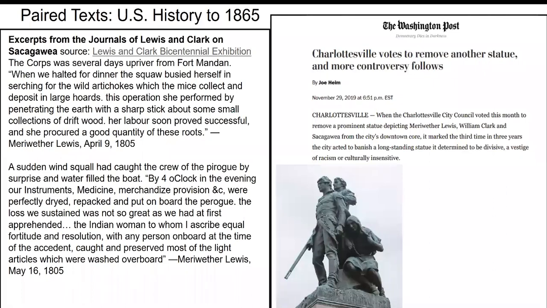So pairing those passages with this article excerpt from the Washington Post regarding the Lewis and Clark and Sacagawea statue in Charlottesville, as well as a picture of the statue, gives you the ingredients for some really great analysis that focuses both on history content, but also current events.